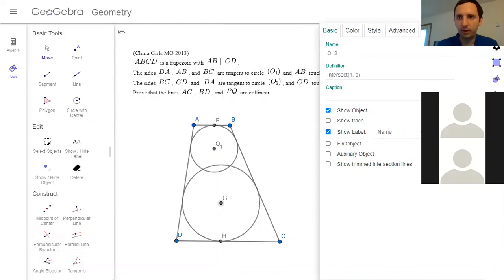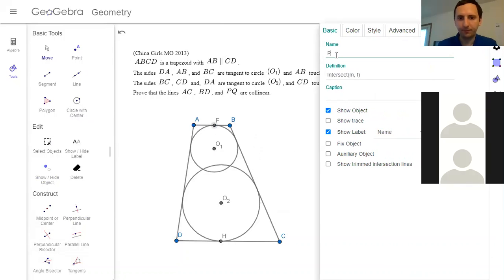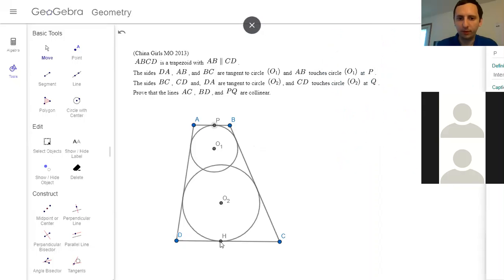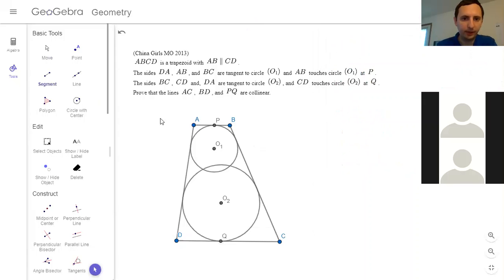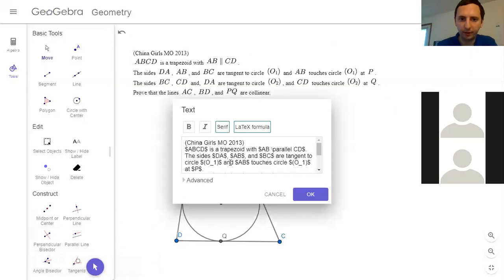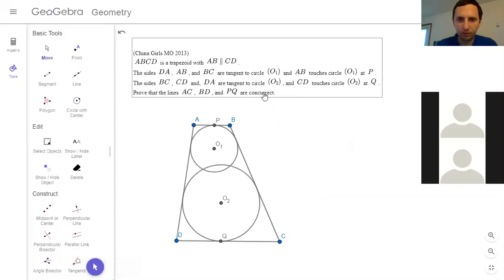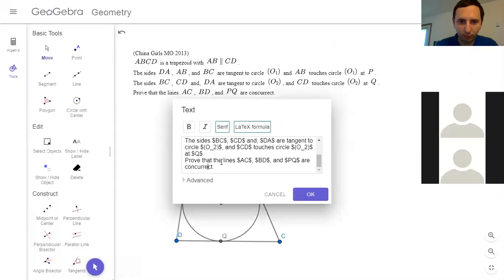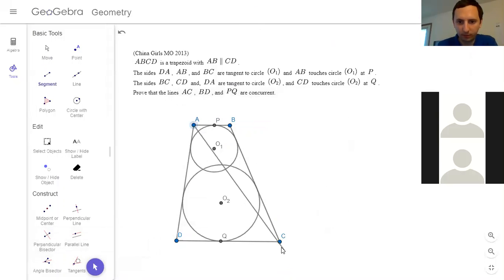And this is P, and this is Q, and it's saying to prove that AC, BD, and PQ are concurrent.